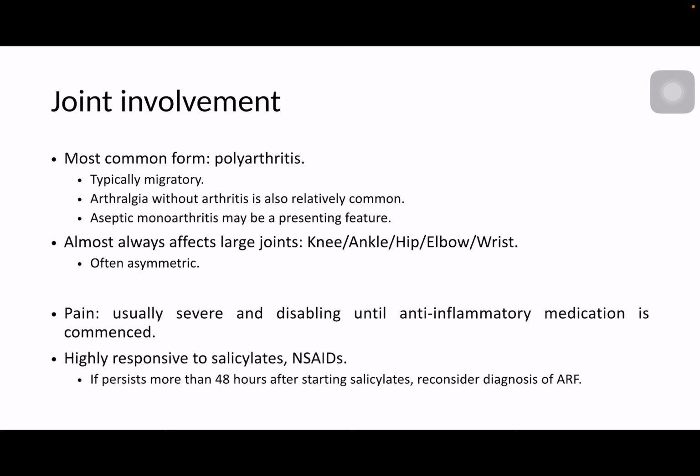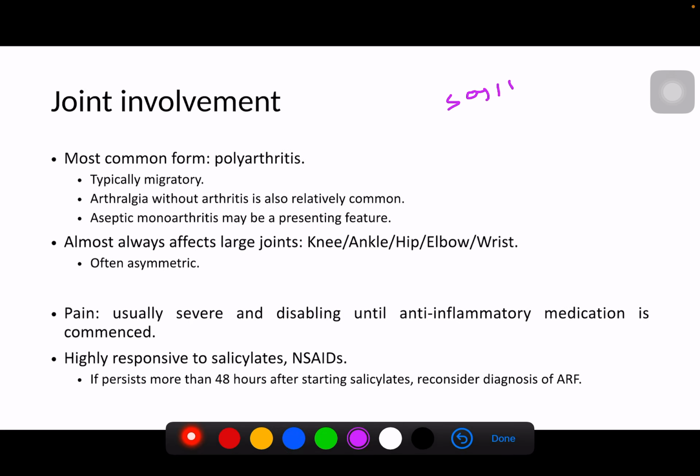Any patient who presents with rheumatic fever, you should also rule out diseases like juvenile idiopathic arthritis, which can also affect the large joints and might be associated with other features. So I'll take 1-2 minutes to take you to SOJIA, systemic onset juvenile idiopathic arthritis.